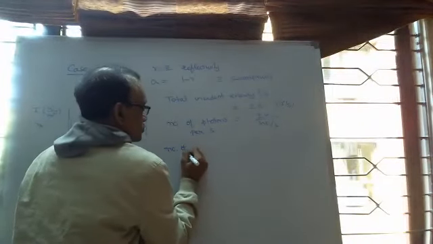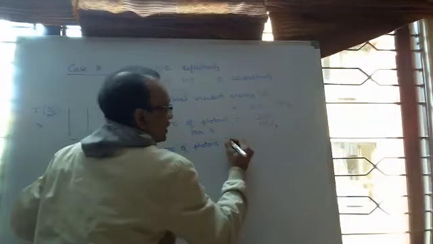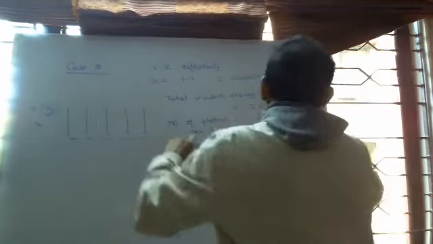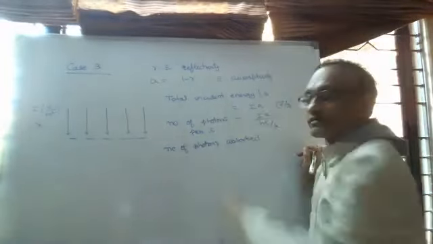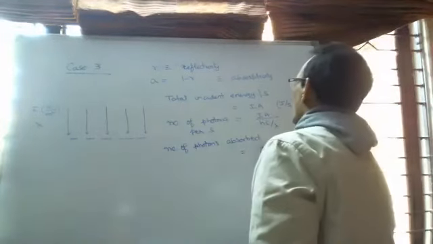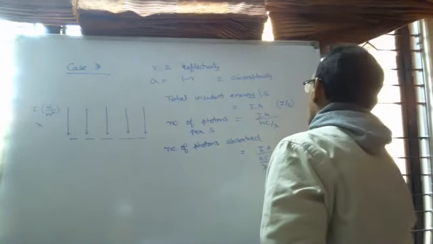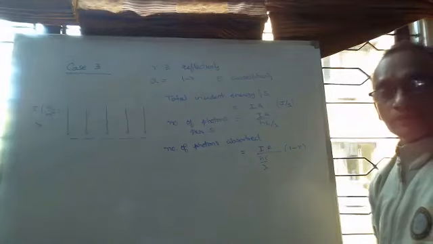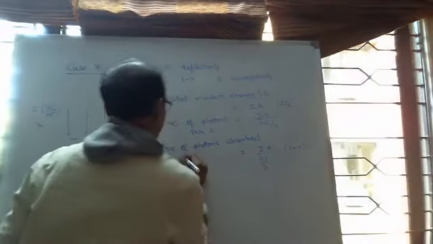So number of photons absorbed, कितना फ्रैक्शन एब्जॉर्ब हो रहा है? ये टोटल नंबर ऑफ फोटॉन्स है, उसका कितना फ्रैक्शन एब्जॉर्ब हो रहा है? 1 माइनस r, राइट? Into A, which is 1 minus r, इतना एब्जॉर्ब हो रहा है per second. Number of photons absorbed per second.